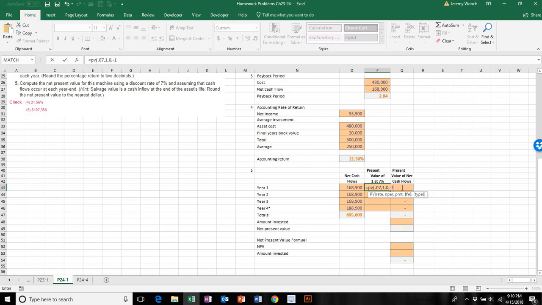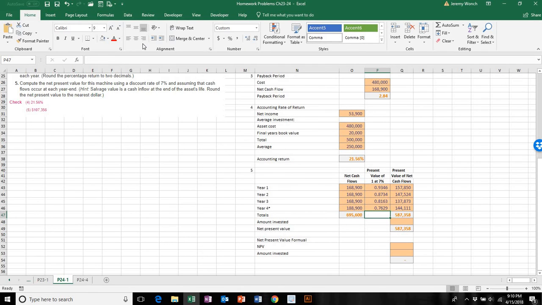We enter it as a negative just so our answer comes out positive. That gives us our factor for each one of these. All we have to do is change the year to 1, 2, 3, and 4. Then we take our cash flows, multiply them times our present value factor for each particular year, and we get our discounted cash flows.